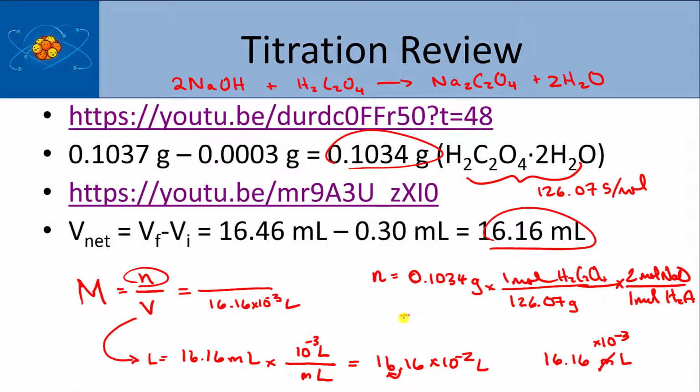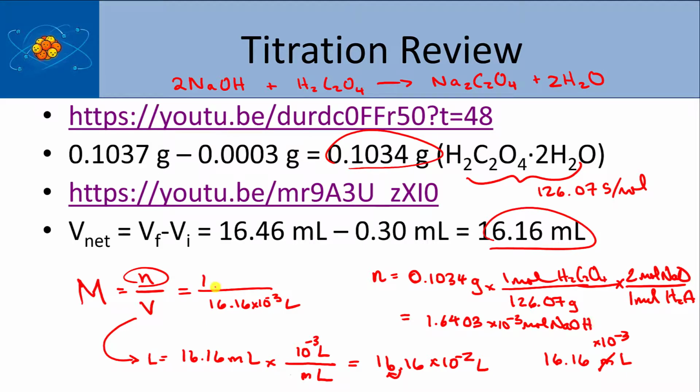And you do that calculation, and you should get something on the order of 1.6403 times 10 to the minus third moles of NaOH. Now we were trying to make this solution to be 0.1 molar, so it's actually pretty close.